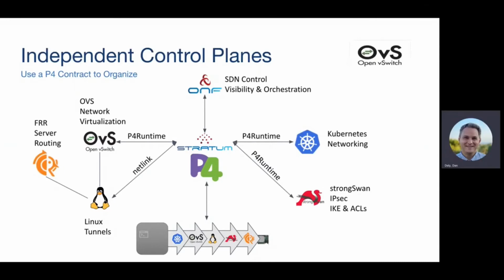So you instantiate this P4 pipeline and you run the agent on top that can listen to RPC messages for clients that want to connect to this P4 pipeline. That could come from the SDN controller up top, which is totally optional, or it could come from left to right from OVS.